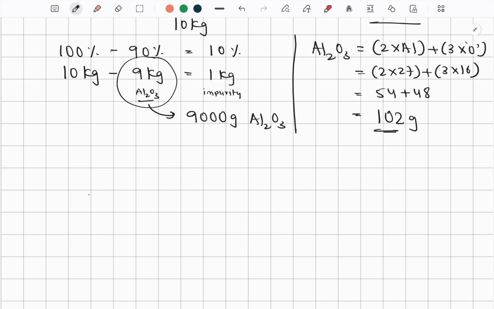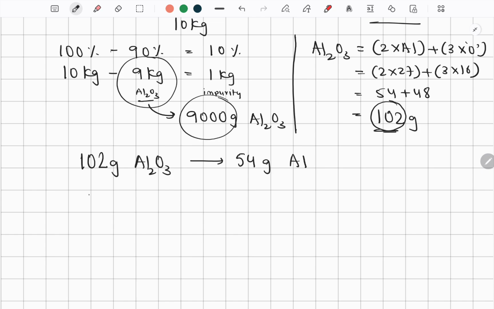Now it's very easy to know that out of 102 gram of Al2O3, 54 gram is aluminium. Am I correct? The total molecular weight of Al2O3 is 102, and out of 102, 54 gram is aluminium.